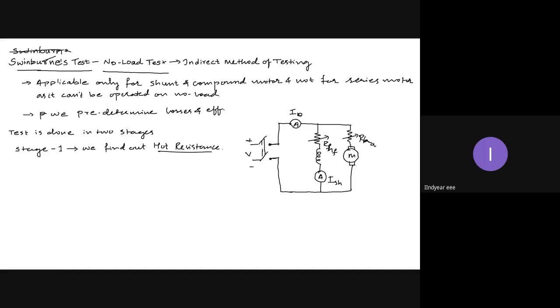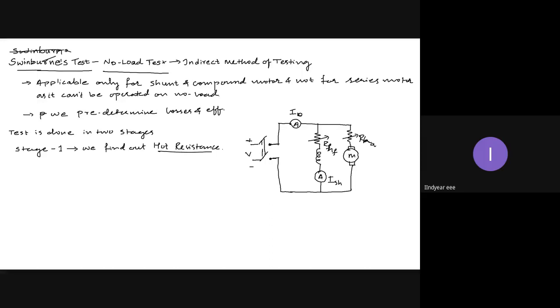Now, to get the hot resistance of the motor, I will find out the resistance at the cold condition. What do you mean by cold condition of the motor? When the motor is not yet started and nothing is connected to the armature. You may remember in the generator experiments in the last semester, whenever you wanted to find RA, we used to ask you to remove the connections, then find out RA.